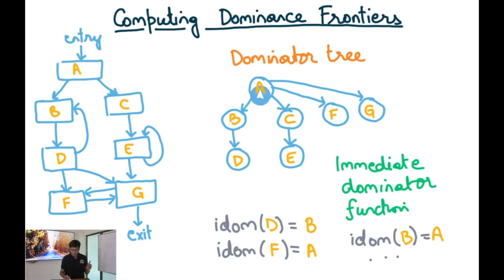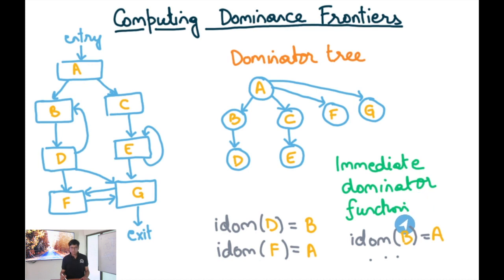You draw an edge between two nodes if B is immediately dominated by A, or A immediately dominates B. The immediate domination relation, or IDOM relation, says that A dominates B, but A is not equal to B, so it's not a reflexive relation, and there exists no other node C such that A dominates C and C dominates B. So for example, A dominates D, but A does not immediately dominate D, because there exists a node B in the middle which is dominated by A and which dominates D. And so the immediate dominator relation is basically the immediate form of the dominator relation.